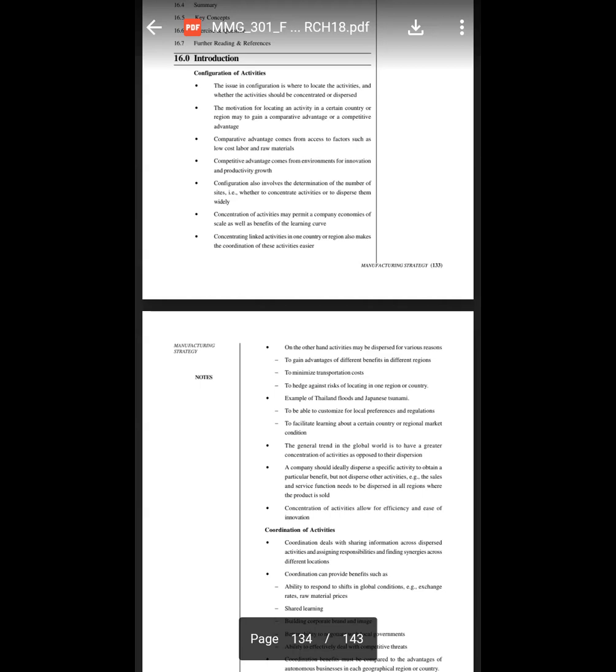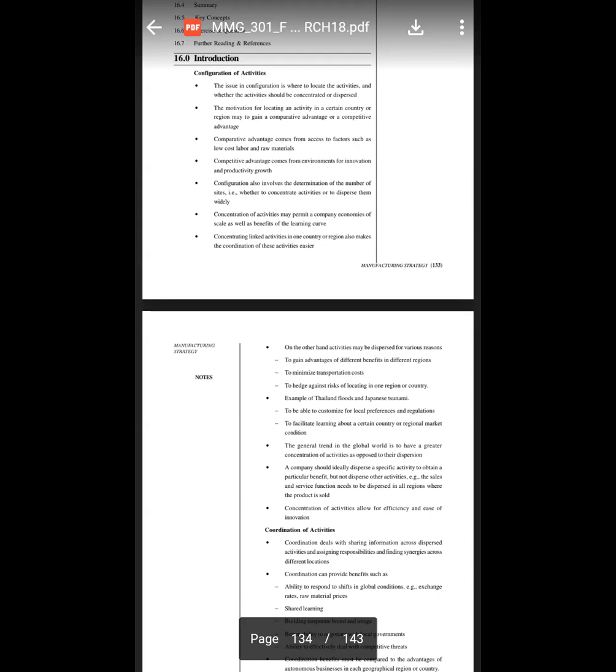Comparative advantage comes with access to factors such as low-cost labor and raw material, and competitive advantage comes from an environment of innovation and productivity growth. So, competitive and comparative advantage. Configuration also includes the determination of the number of sites, whether to concentrate activities or disperse them widely.